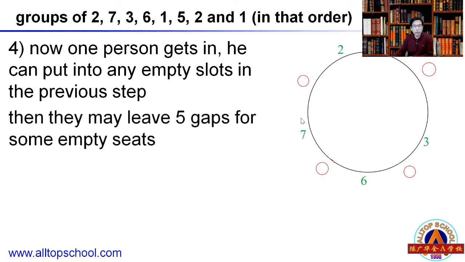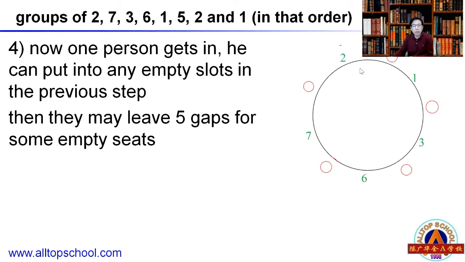After this 1 person sits around the table, they will leave 5 gaps: between 2 and 7, 7 and 6, 6 and 3, 3 and 1, 2 and 1. They may sit in different blocks, but there will be 5 gaps anyway, in order for us to seat the next group of people.